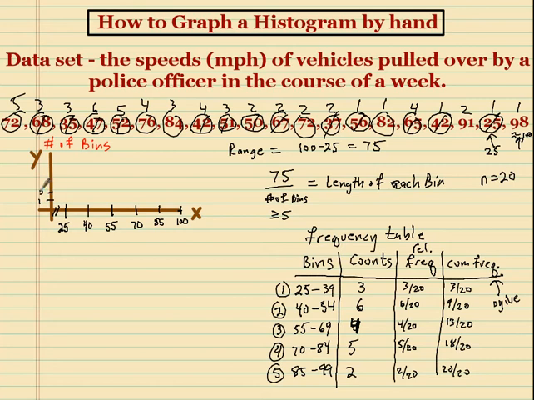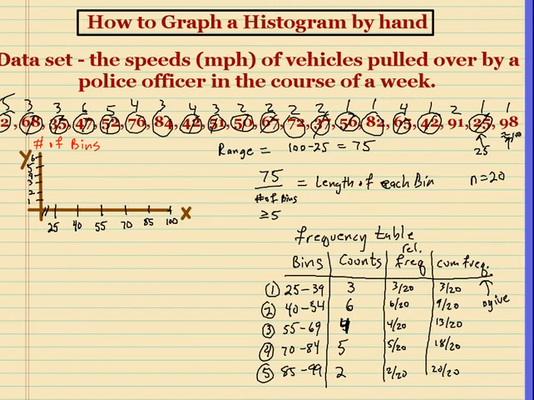1, 2, 3, 4, 5, and 6. Give me a little shift to the screen. Okay, so I go to the first bin and I have a count of 3, so I want to bring my bin up to 3.